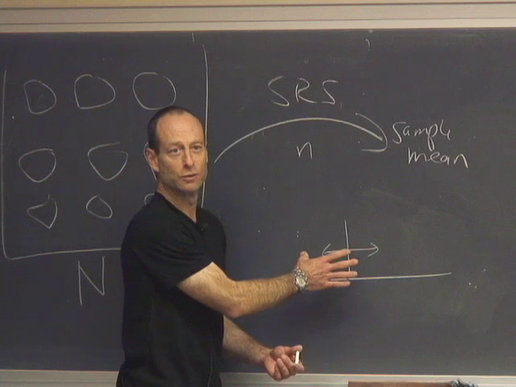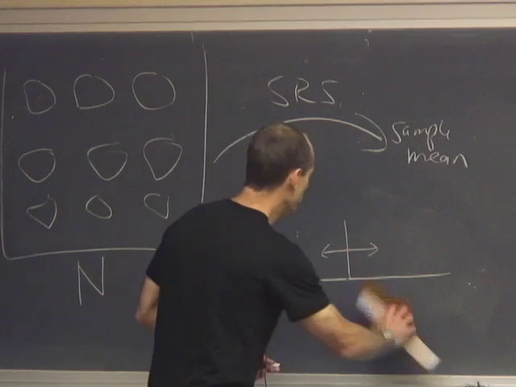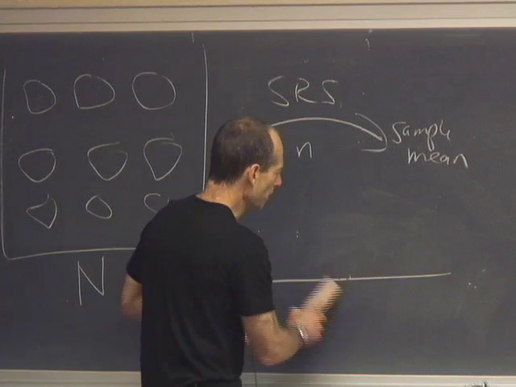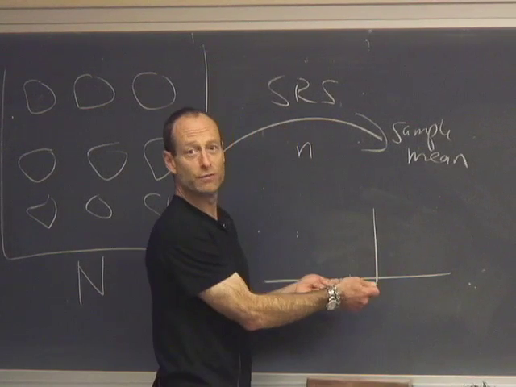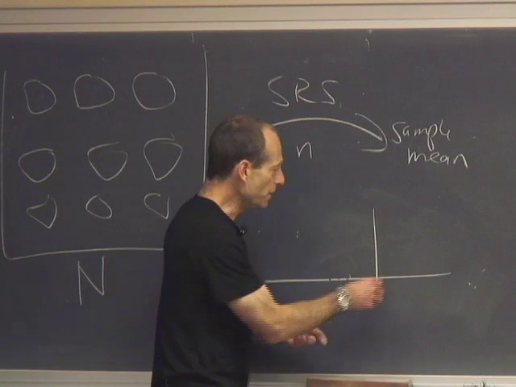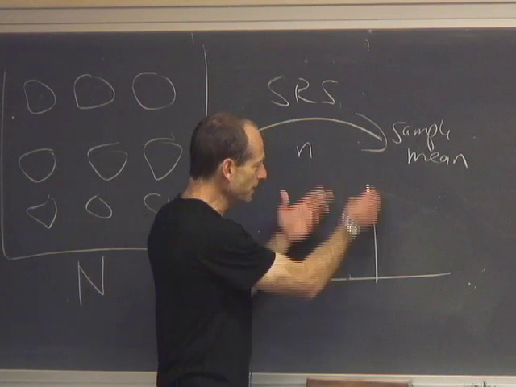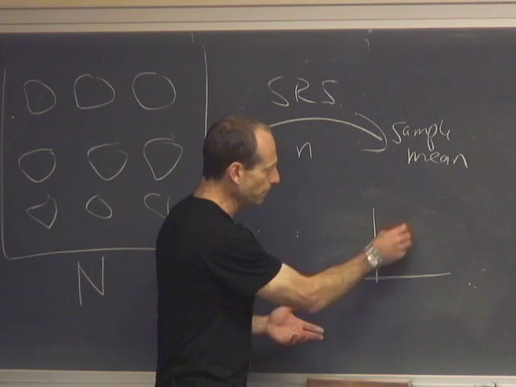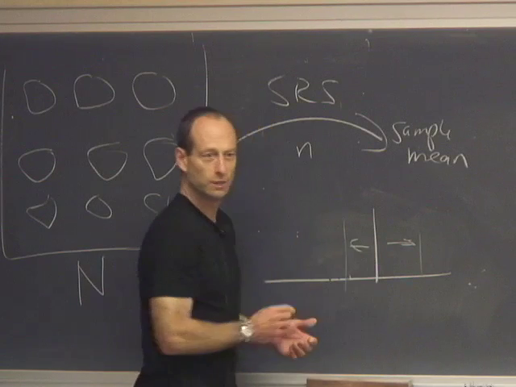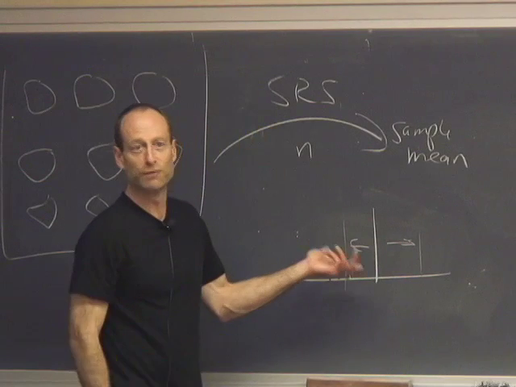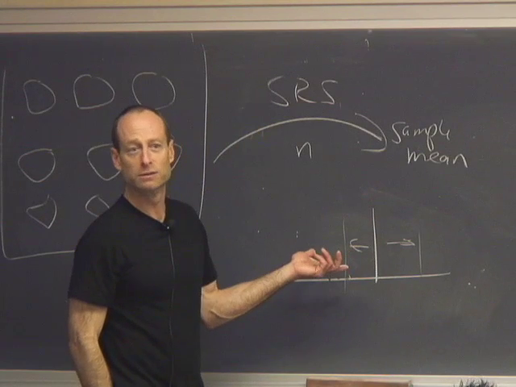So if we observed the sample mean and knew its standard error, a reasonable estimate would be that the population mean is the sample mean give or take about an SE, plus or minus about an SE. That's our chance variability due to the luck of the draw.